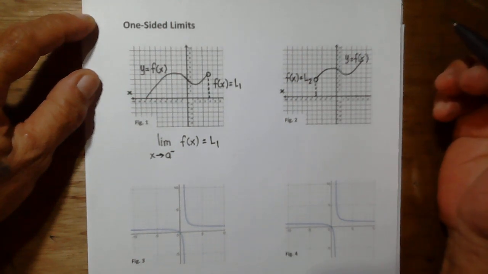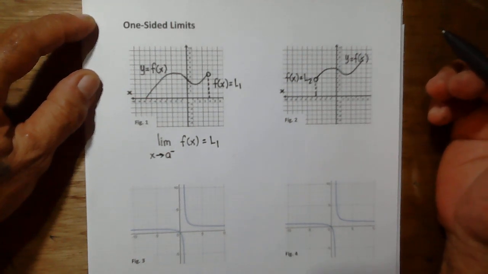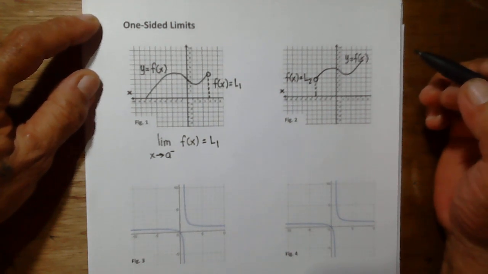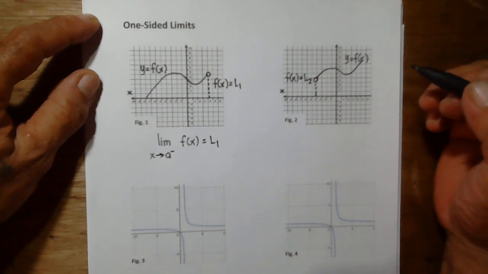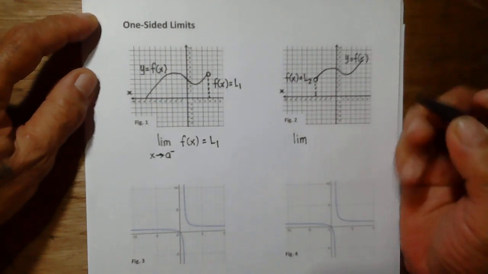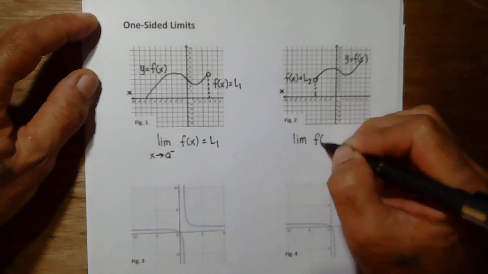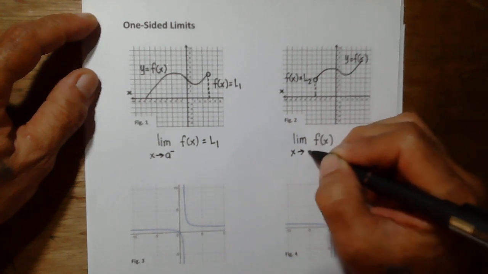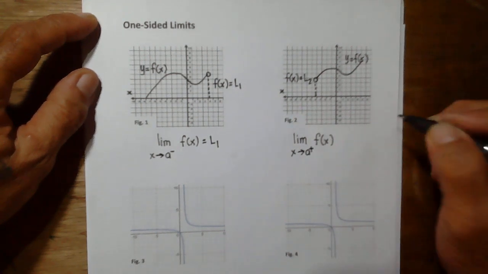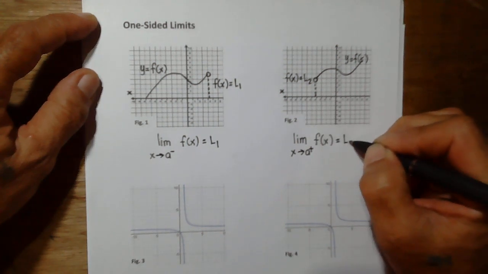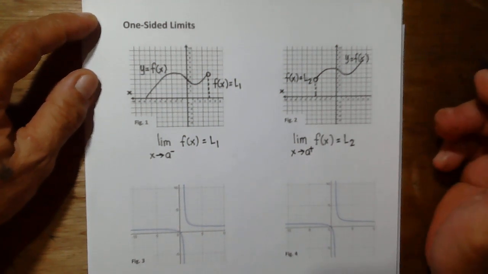If a function f of x approaches a value L sub 2 as x gets closer to a number a, and if a is a number from the right side of the x-axis, then we write the limit of f of x as x approaches a from the positive side is equal to some value L sub 2.